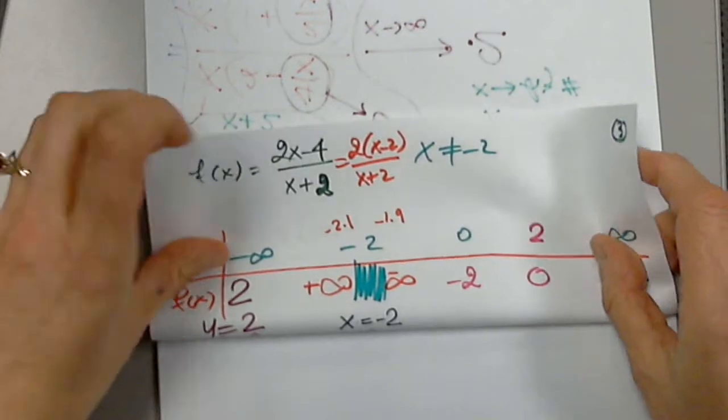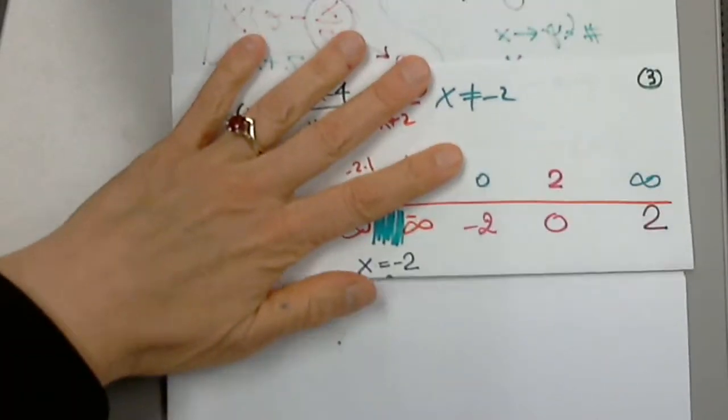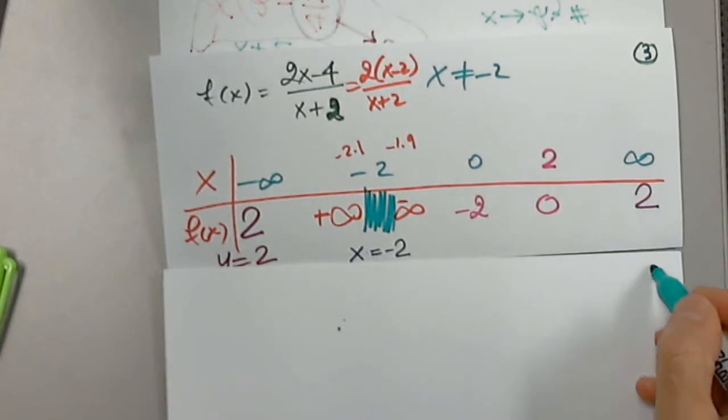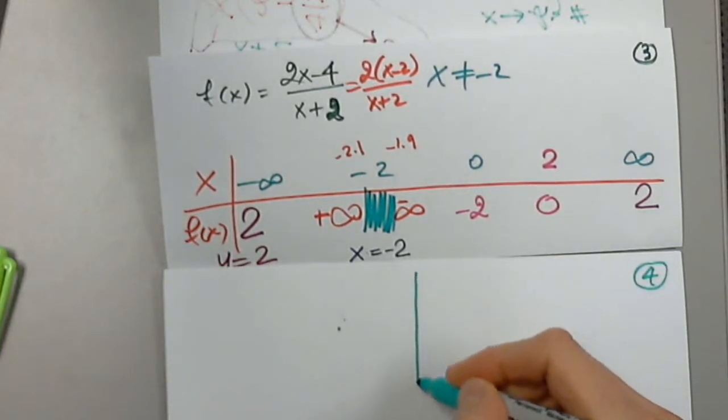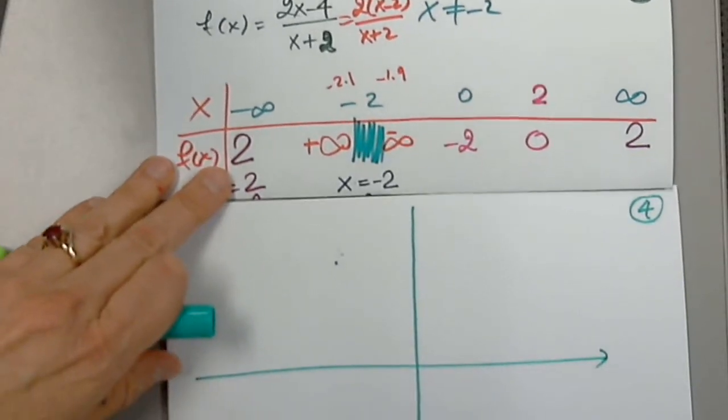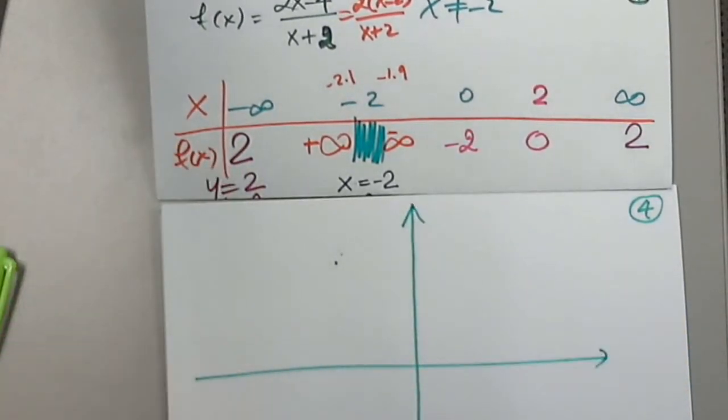So, all I need is my chart to put this in writing or put it together in a graph. When we graph functions with asymptotes, what do you think we have to graph first? The asymptotes. When we graph functions with asymptotes, horizontal, vertical, it doesn't matter.